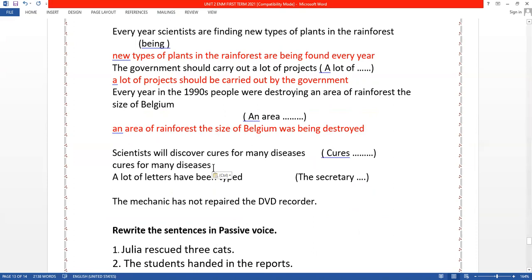Cures for many diseases will be discovered by scientists. Of course, when you write, take care of the rules of punctuation. You should start with a capital letter like this.